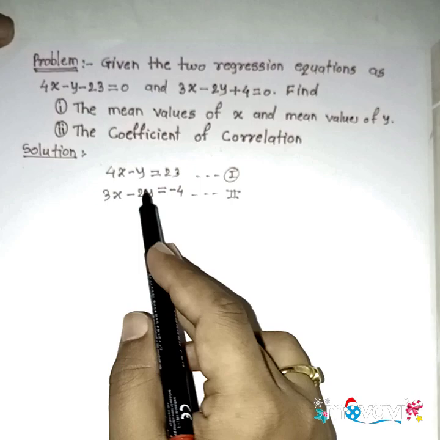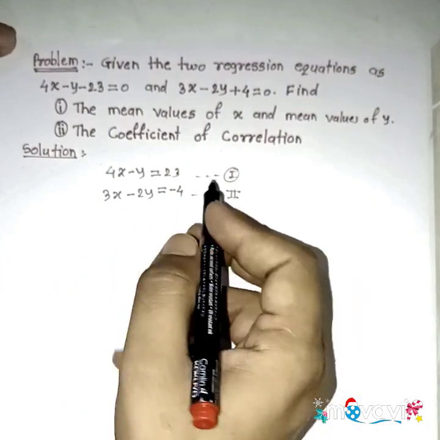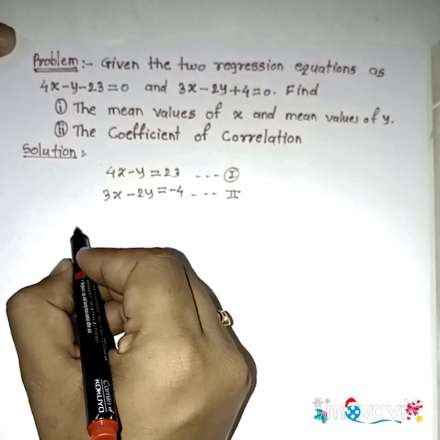For this we multiply equation number 1 by 2 and then subtract the second equation from equation number 1.